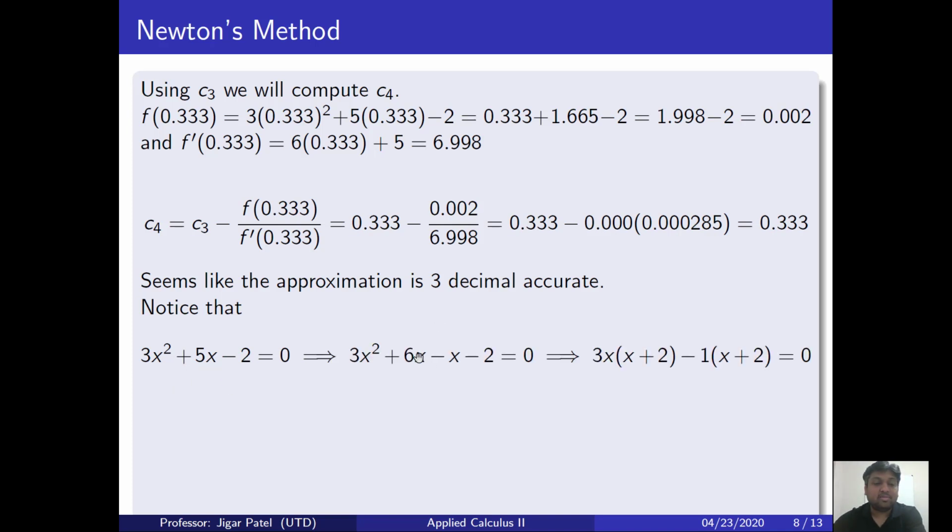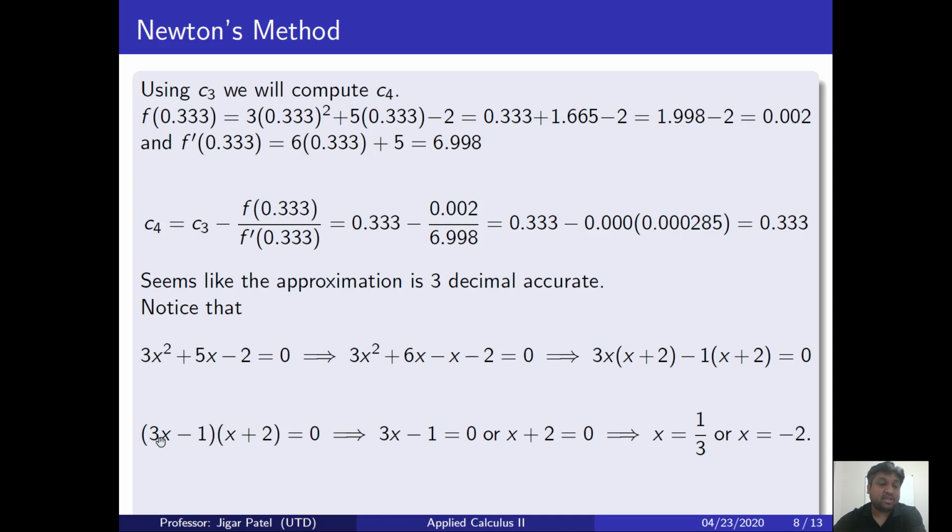So I'm going to break that middle term into 2 pieces, positive 6x minus 1x, which add up to 5x. Now group the first 2 terms, group the last 2 terms. Take 3x out from the first 2 terms, take -1 out from the last 2 terms. Factorize it further, I get 3x minus 1 times x plus 2 equal to 0.